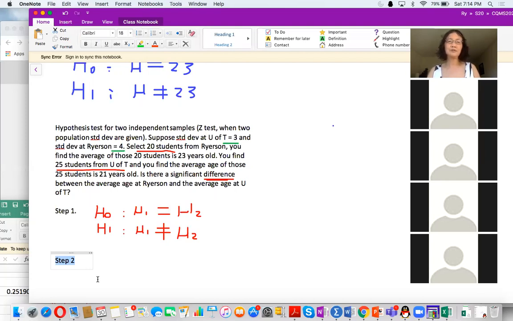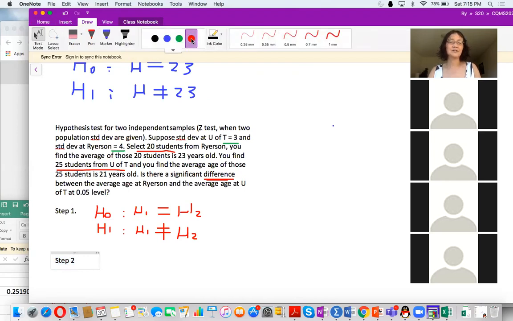If some questions do not give you alpha, but you need alpha, use 0.05 as alpha. So I'm going to add, is there a significant difference between them at 0.05 level of significance? Just simple form, 0.05 level. So step 2, alpha 0.05.